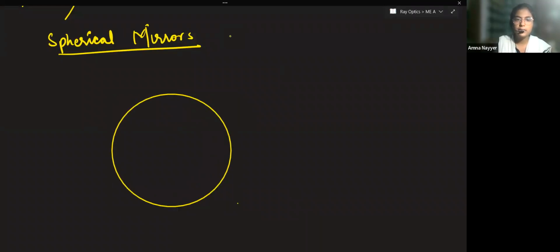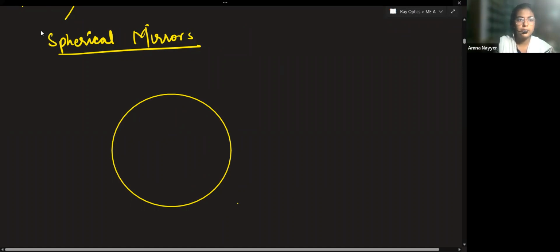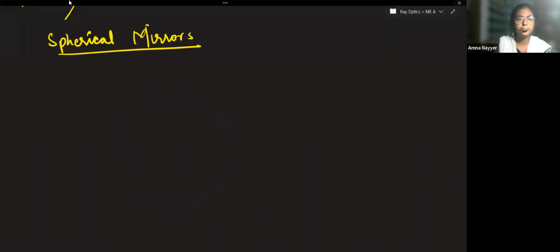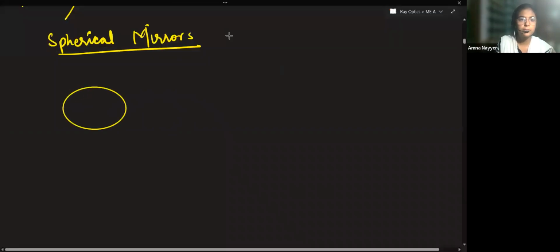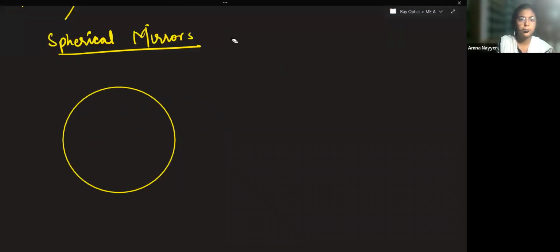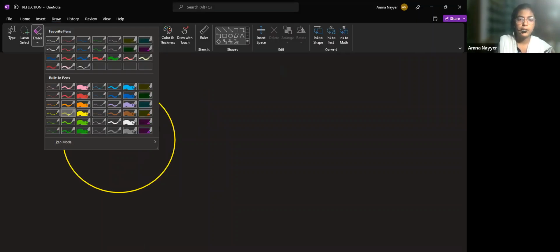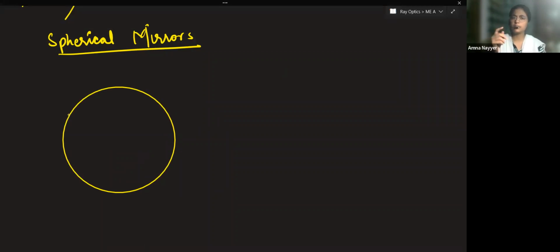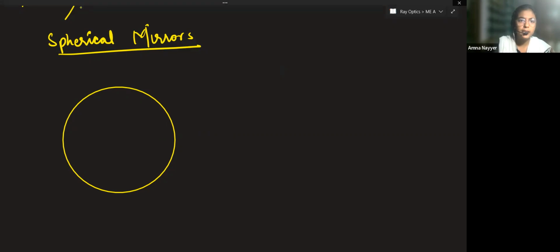Let me draw it slightly towards the edge. Now this is a reflecting surface. I have taken a part of this. I have cut this, and now I have taken a part of this part which I have cut.